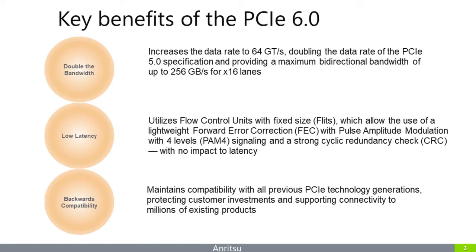It utilizes a flow control unit with a fixed size, that is Flit, which allows the use of a lightweight forward error correction with pulse amplitude modulation PAM4, and also a strong cyclic redundancy check, CRC. With these technologies, there is very low impact to the latency.